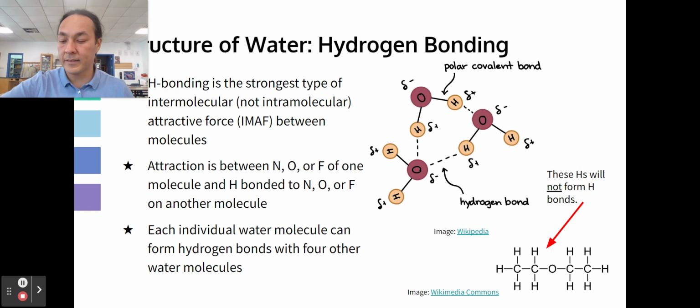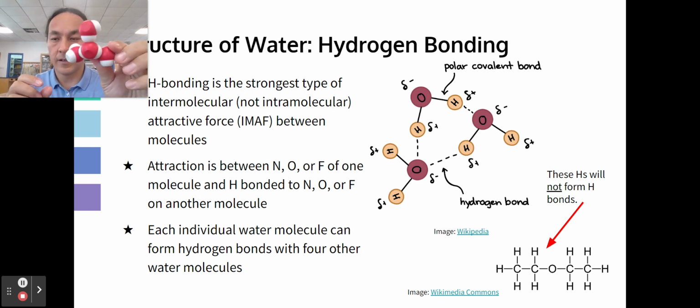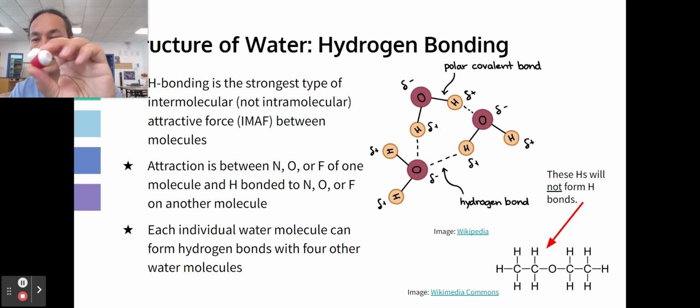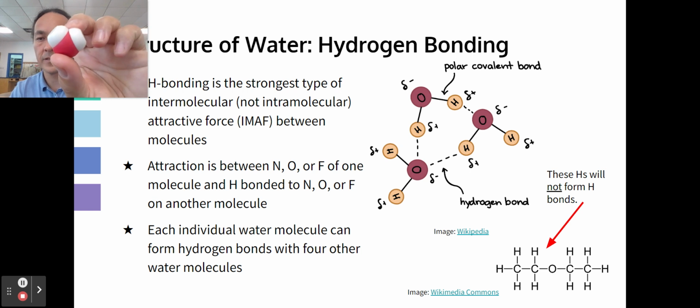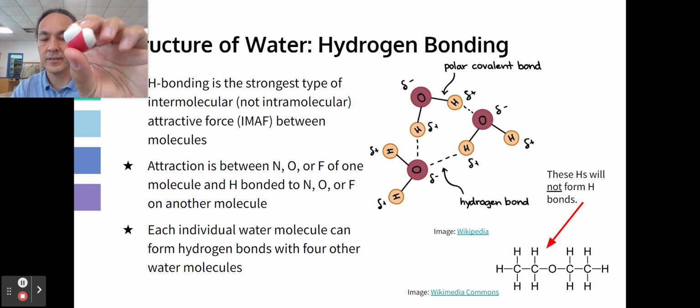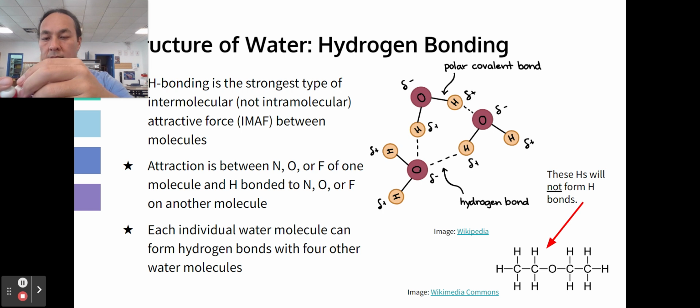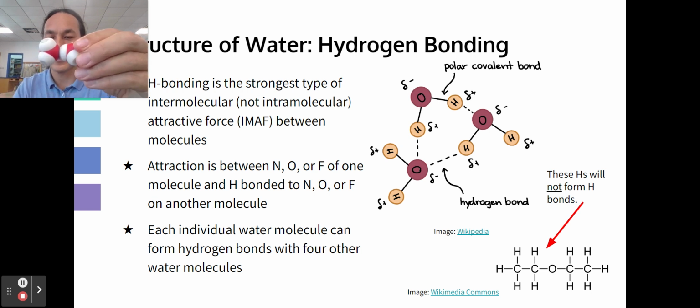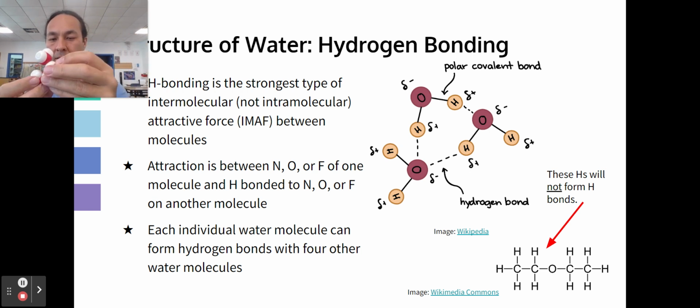I like to model it now with a little kit that I have. So here are some water molecules. You can see that it's going to be H2O, so the white ones are going to be hydrogens. The red one's going to be oxygen on this. And notice how the white one is attracted to the negative oxygen there. And so it can bond with up to 4 other water molecules.